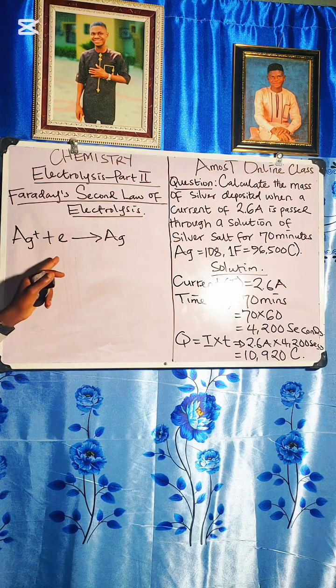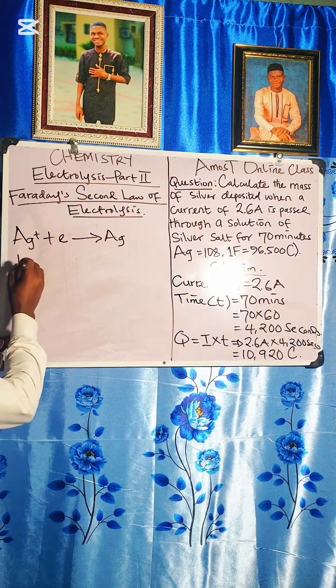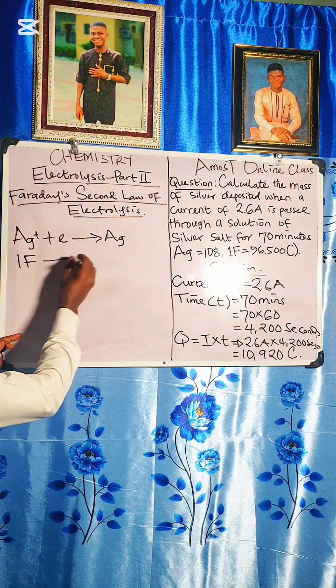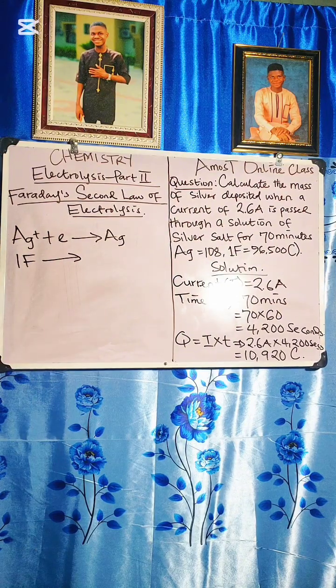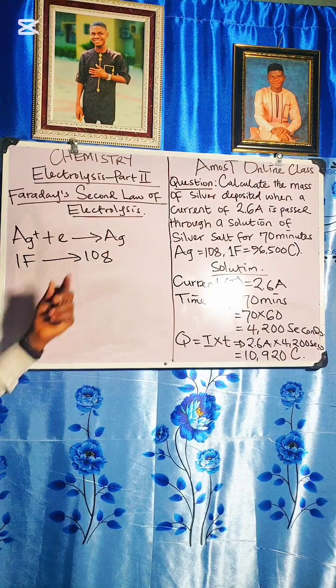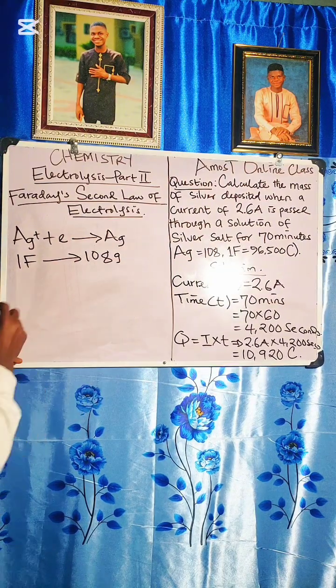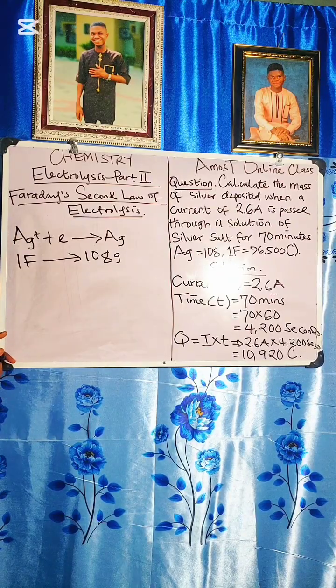I established that for a monovalent element, 1 Faraday is required to liberate 1 mole. So that means 1 Faraday is required to liberate 108 grams of silver. 1 Faraday is equal to 96,500 coulomb.